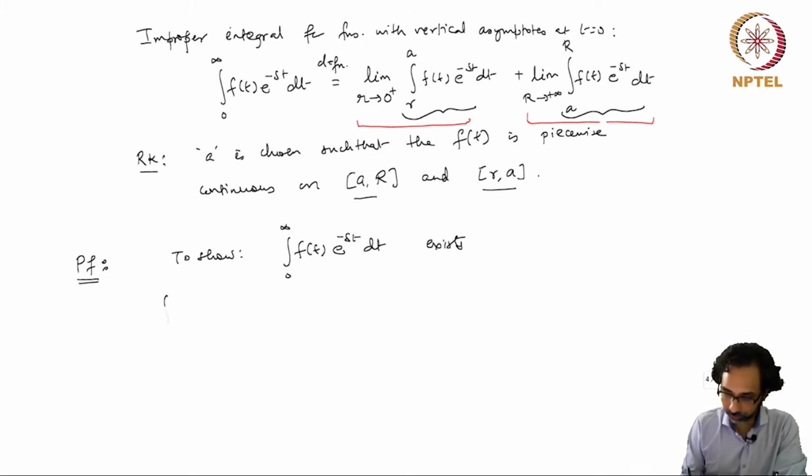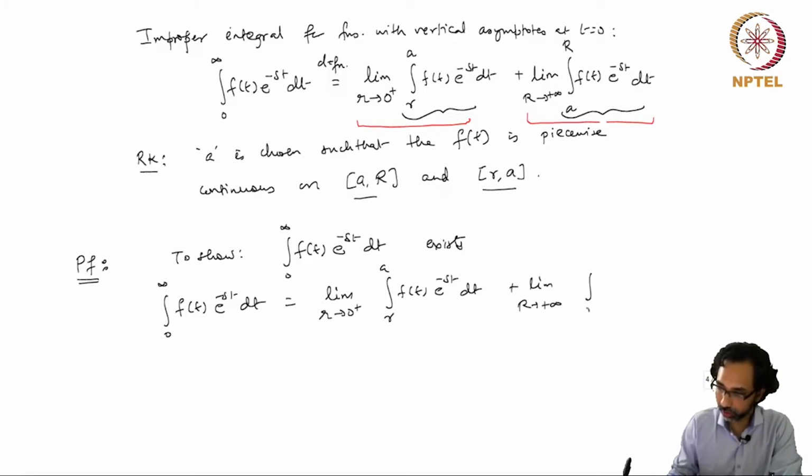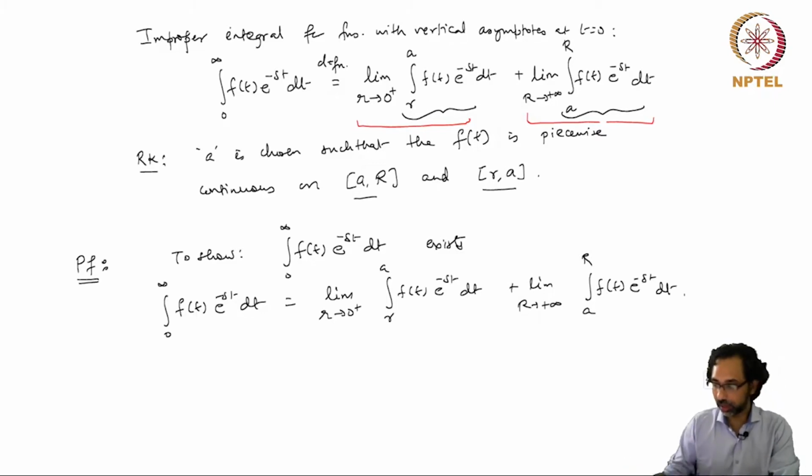So first of all, we can write down the definition as written above: the limit as r tends to 0 plus of the integral from r to a of f(t) e to the power minus st dt, plus the limit as R tends to plus infinity of the integral from a to R of f(t) e to the power minus st dt.